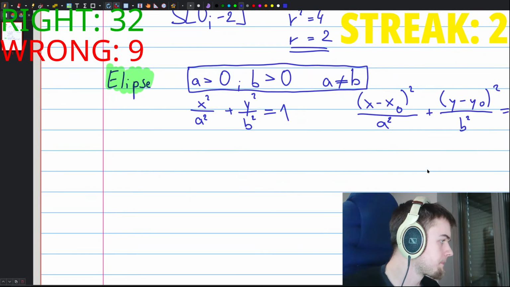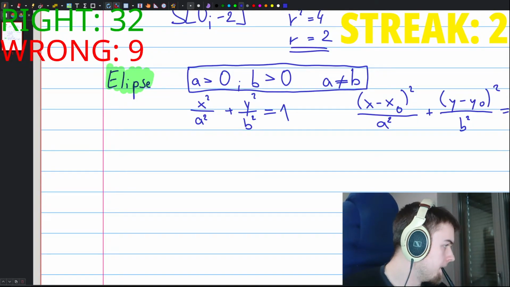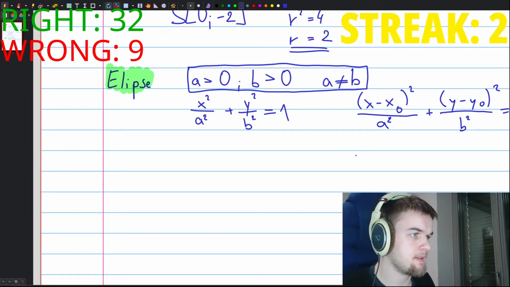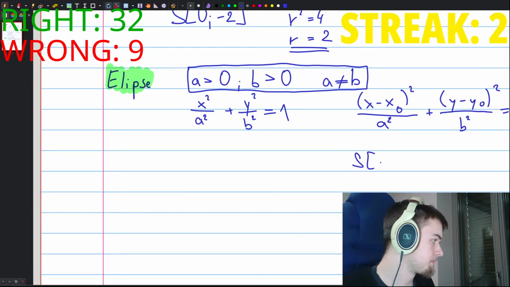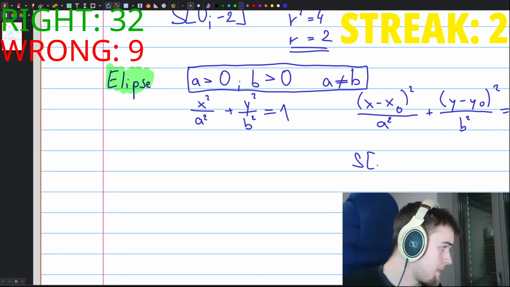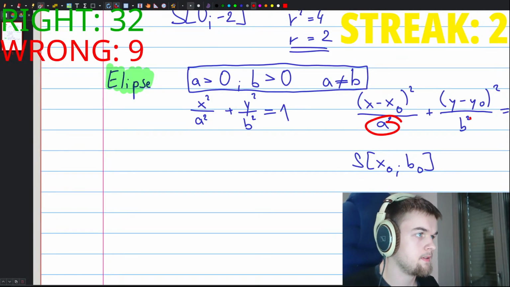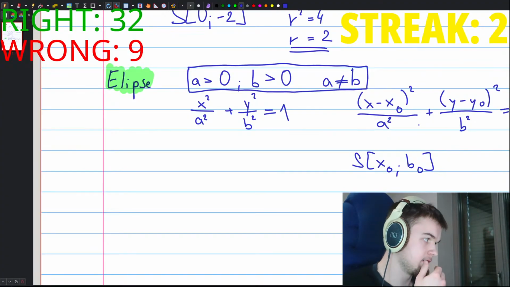Where obviously the center is (x0, y0), so very similar to the circle, but you have these sections here.